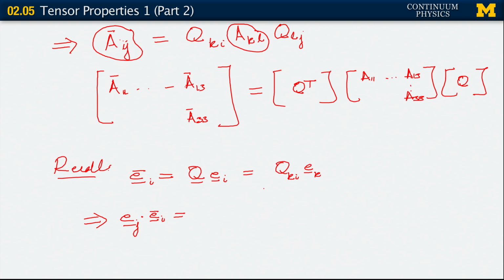We apply it there, and what we get is Q Ki Ej dotted with Ek, which is Q Ki delta jk. But this, after all, is just Q Ji. That's an important result.